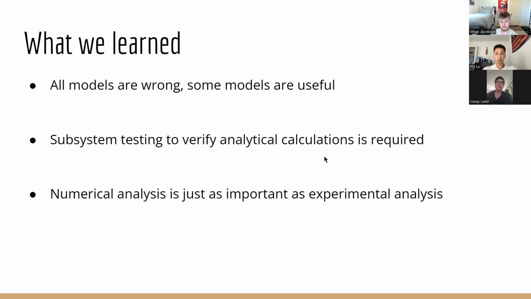And the last thing that we learned is that numerical analysis is just as important as experimental analysis. This is mainly for debugging, as sometimes if we were to move straight to experimental analysis without using a software-based analysis like Multisim to test our resistor and capacitor values that we have chosen for any of the subsystems, then it's a lot harder to fix them in the experimental analysis when having to replace these parts and use the breadboard.